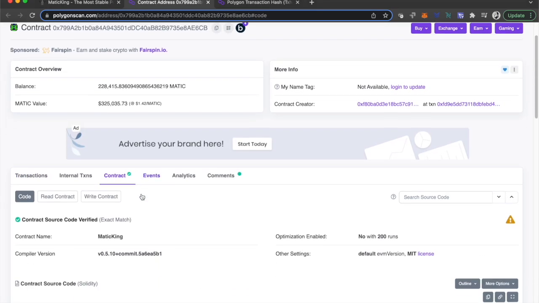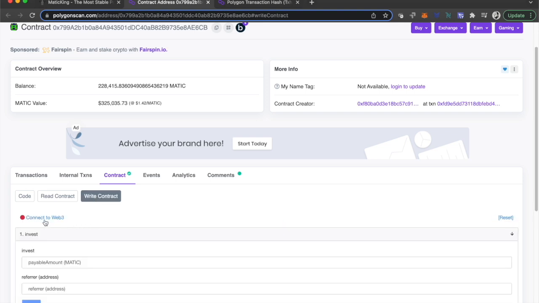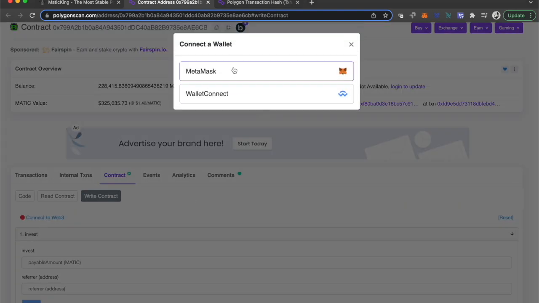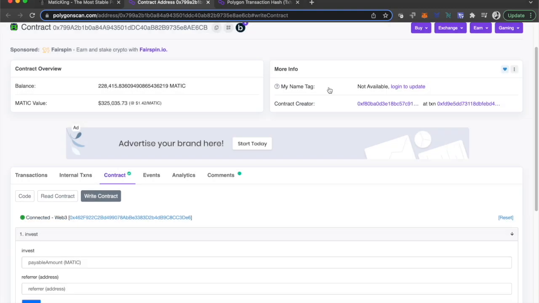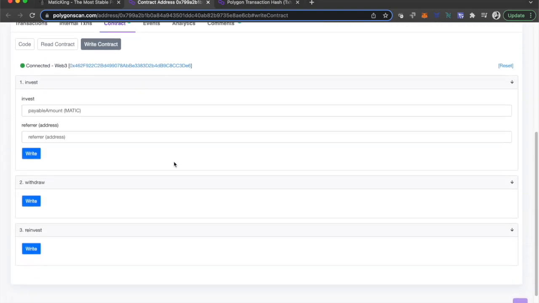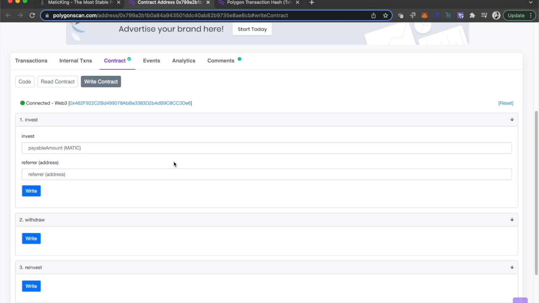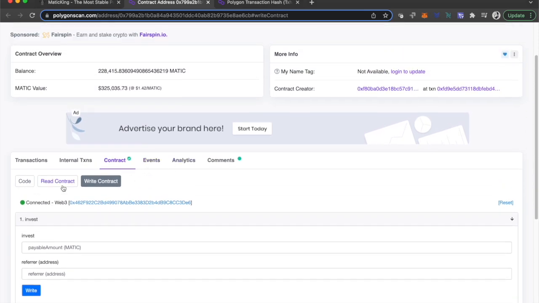Let me try something. I don't know if this is actually going to spit anything out. Let's try write to the contract. Oh, it doesn't have that available.